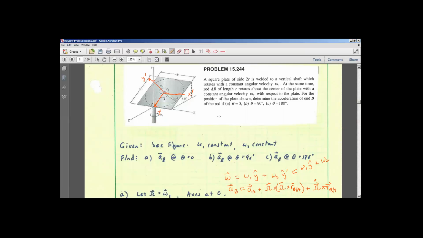Because now what we have is the x, y, z, and it's rotating around with omega 1, and then we can have the x prime, y prime, z prime there that is now rotated around but still going, and then we could also do another one like a u one that's attached to the bar AB.